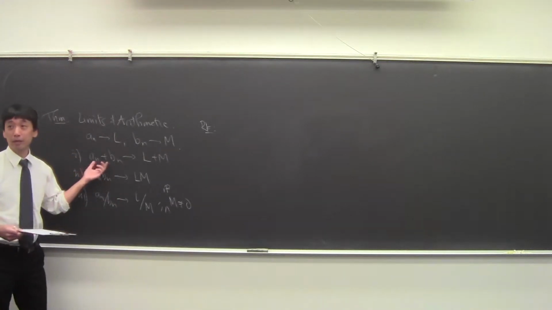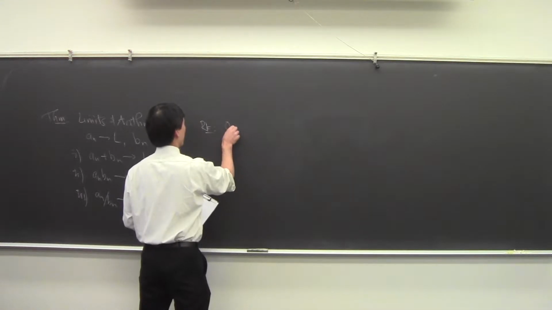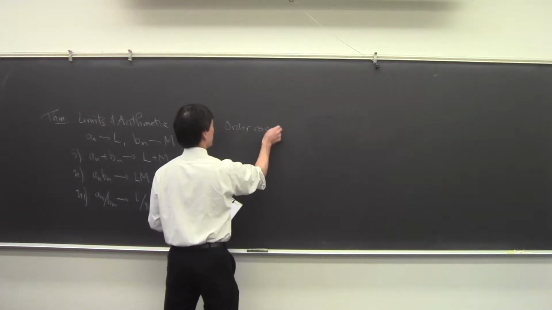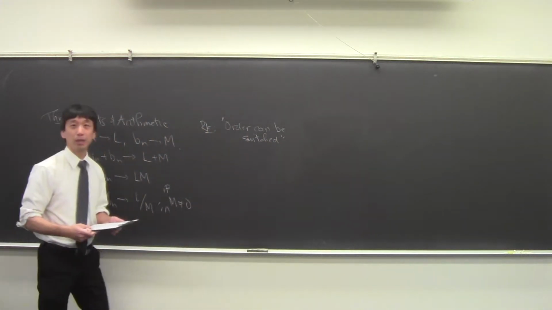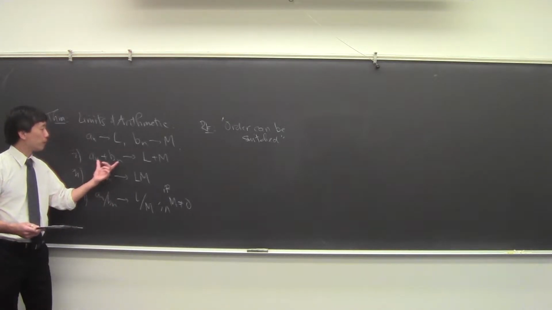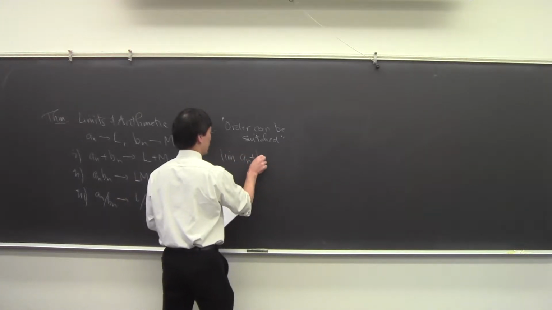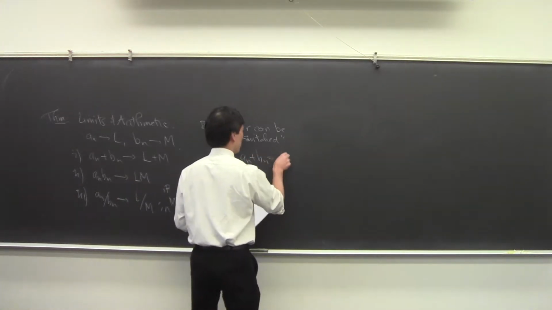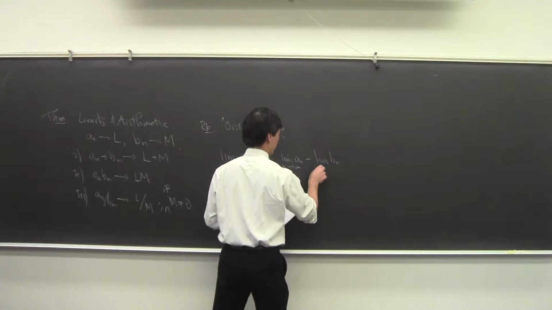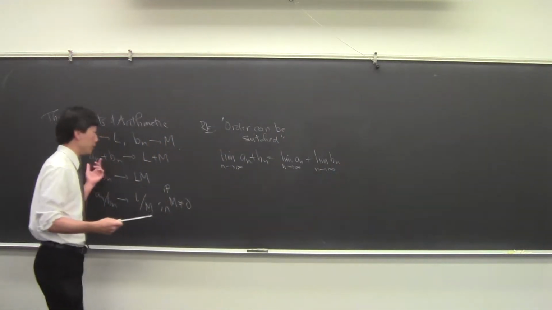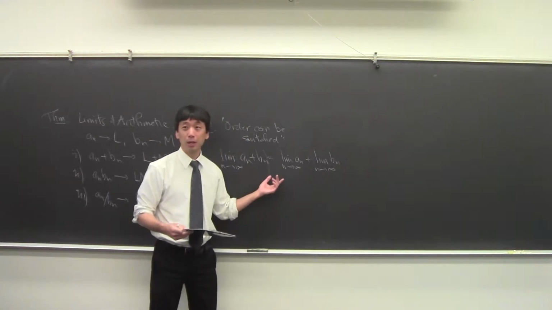Okay. So one way of thinking about this, just to make one remark, this could be thought of as a sort of order can be switched theorem. Okay, that is, the first one, if you look at it, it says that the limit of a sub n plus b sub n as n goes to infinity is the limit of a sub n plus the limit of b sub n. Right? If we write it out, the limit of the sum equals the sum of the limits. Okay.